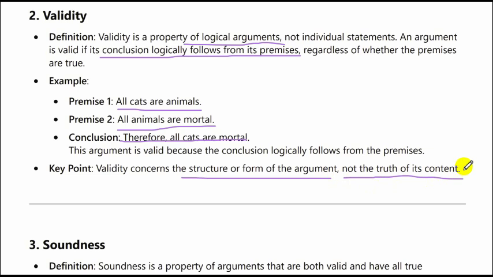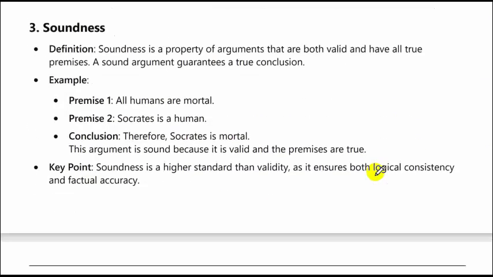This is also a very important keyword to understand: for an argument to be valid, its structure has to be valid. Logic is not concerned with the truth of the content of the premises. So the premises can be false, yet the argument can be valid.